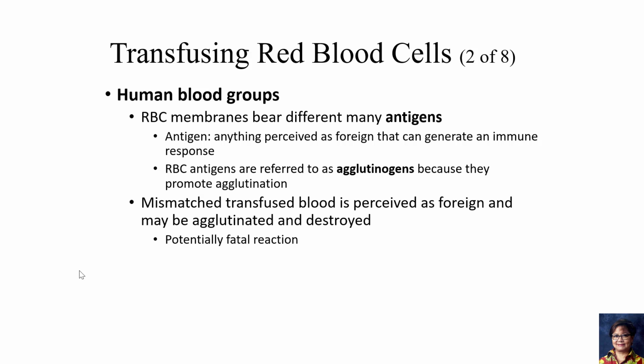And blood typing is brought about by the different human blood groups. We have several blood types that are following the ABO system. And then you have another additional blood type with the Rh antigen into consideration.